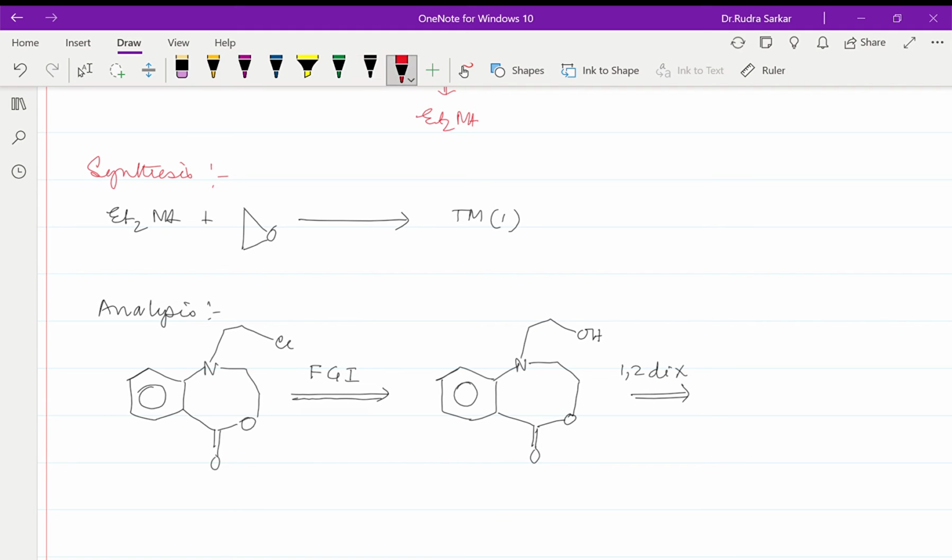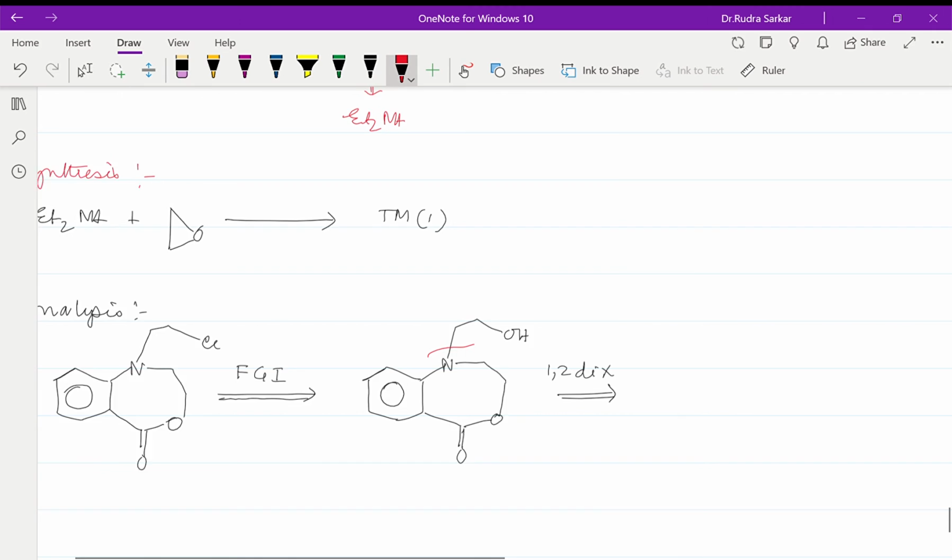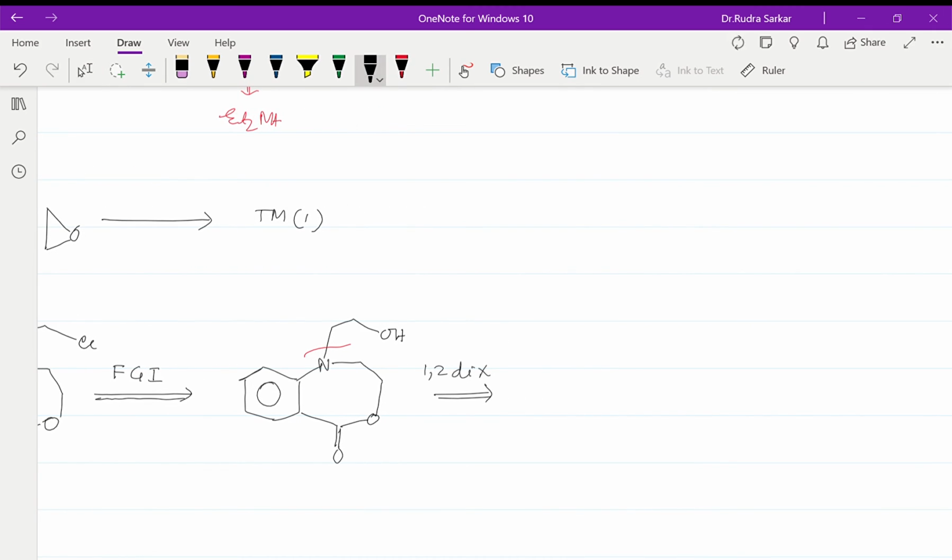We know the disconnection of an alpha hydroxyamine, for which we will do 1,2 DIX. That means we disconnect over here. So what do we get? This is going to be minus. That out here is going to be plus. This is a synthon for the epoxide.